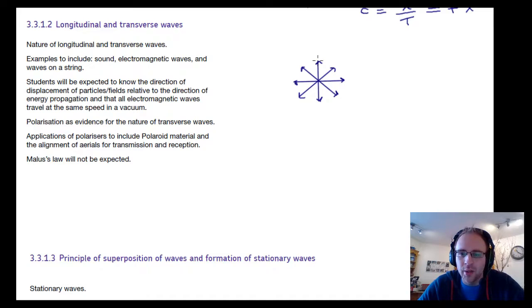These field disturbances are coming towards us, going up and down, side to side, and at other angles, but they're all coming towards us, out of the screen.